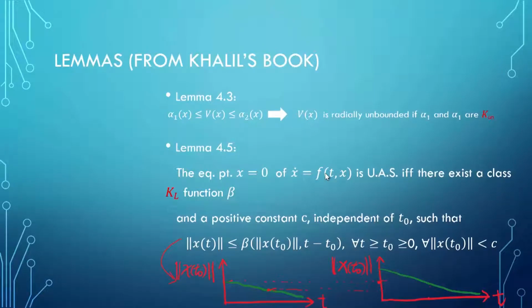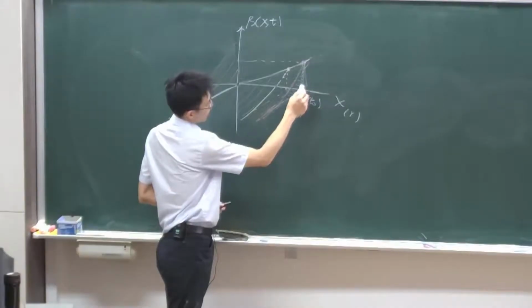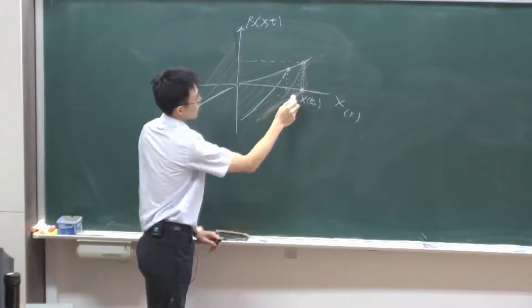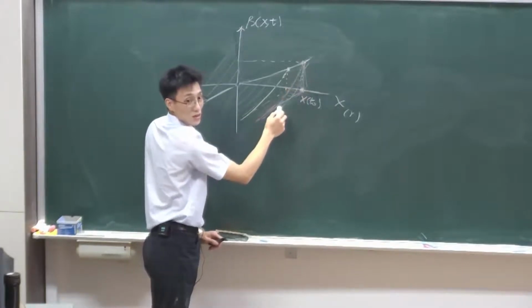And now we substitute, given some initial condition x(t0), it's a constant. Means you can pick any x(t0), say here. Now the next step is we increase t. If you start from here and increase t along this direction, the beta value will decrease, right?